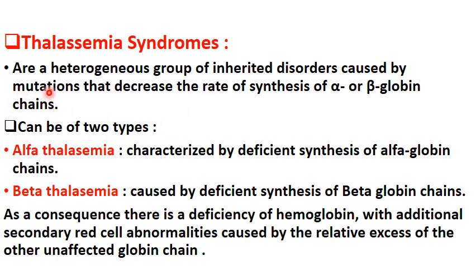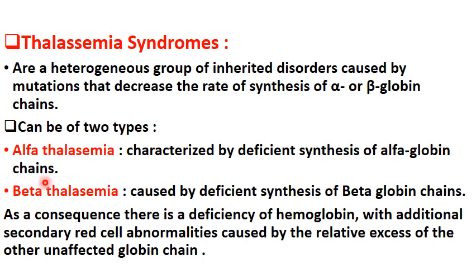It can be of two types. Alpha thalassemia. What is the meaning of alpha thalassemia? Alpha thalassemia means the deficiency in the synthesis of alpha globin chains. From the name, alpha means there is deficiency in the synthesis of alpha globin chains. Beta thalassemia means there is deficiency in the synthesis of beta globin chains.